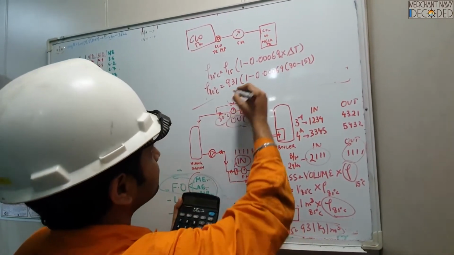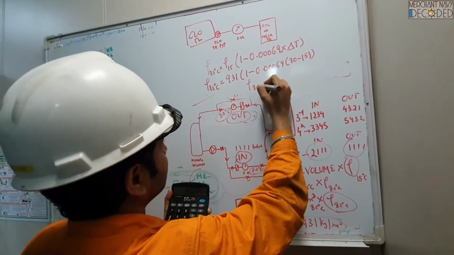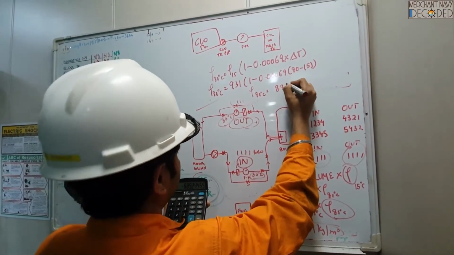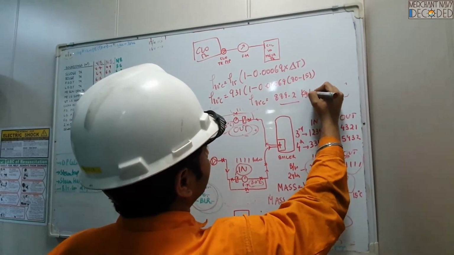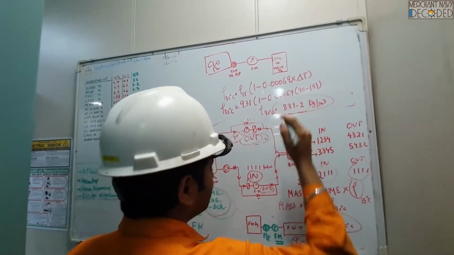This becomes density at 80 degree centigrade is 889.2 kilogram per meter cube. So this is my corrected density.